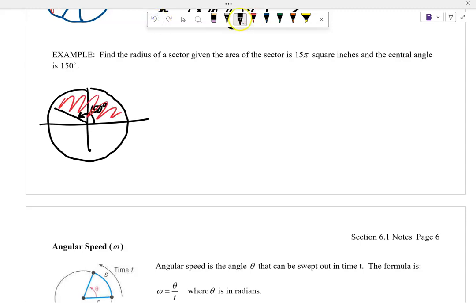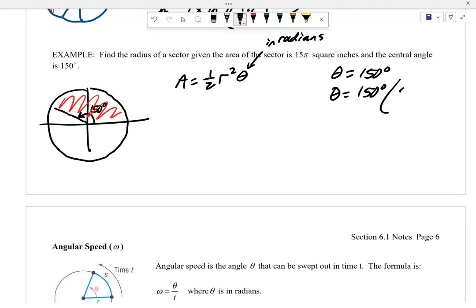Area is 1/2 r squared theta. Again, this has got to be in radians, right? But theta is 150 degrees. So let's convert that. 150 degrees times pi over 180. So 150, both of those go into 30. And that'll give me 5 pi over 6.